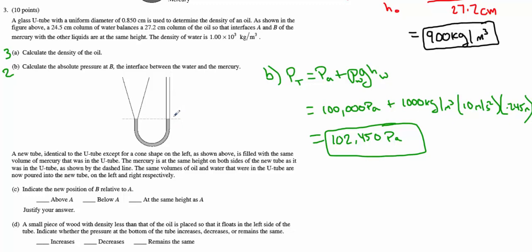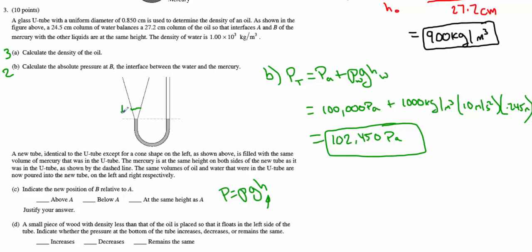The only way to really address that is by thinking about what's true about the pressure on the left side. Because remember, before, the pressure on the left had to equal the pressure on the right, and that pressure came from the quantity of the fluid above it. Recognize from your equation, P equals rho g h, that it's height that affects the pressure of the fluid, not volume. So, because we're using equal volume, that oil will not rise to the same height.